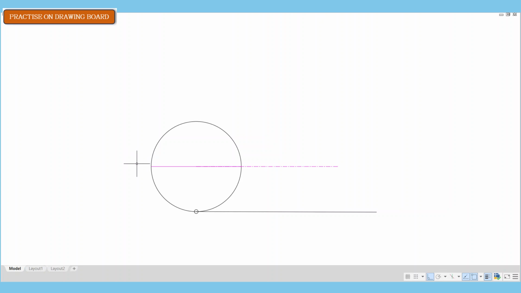So you would have to use your drawing instrument. You either use your 30-degree set square with your pencil, or you can use your protractor or some other geometric constructional means that you are familiar with to divide a circle into 12 equal parts.